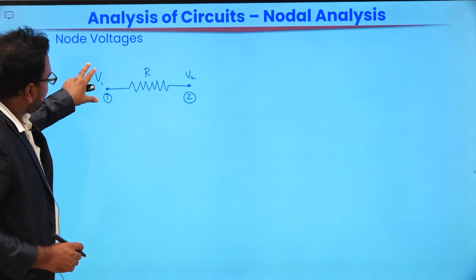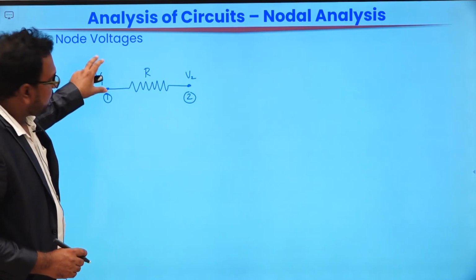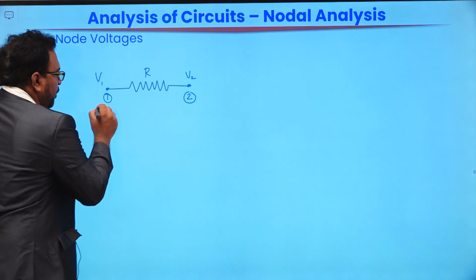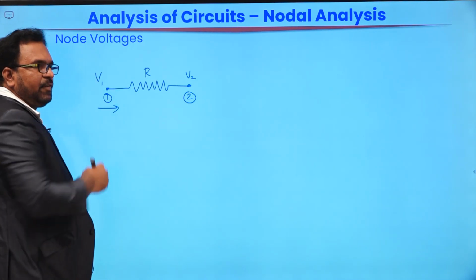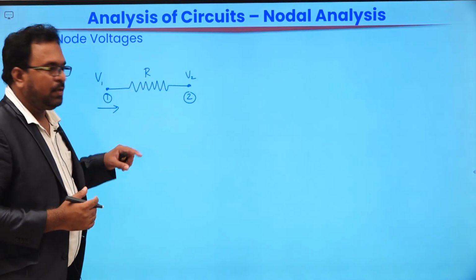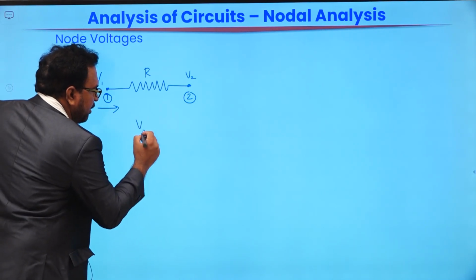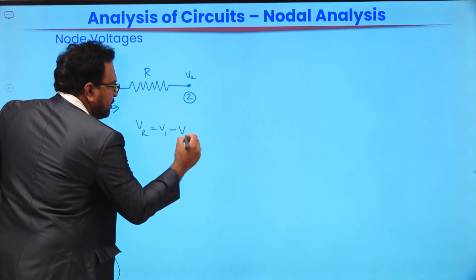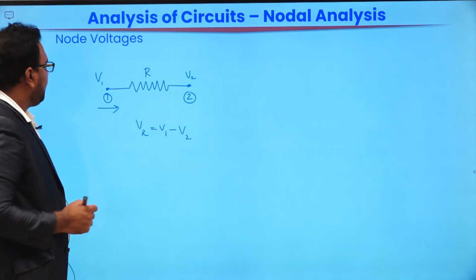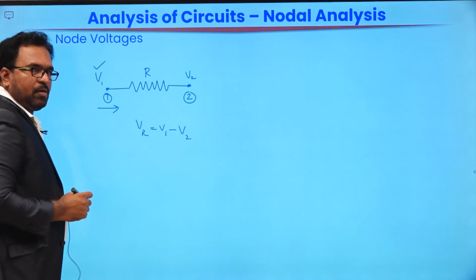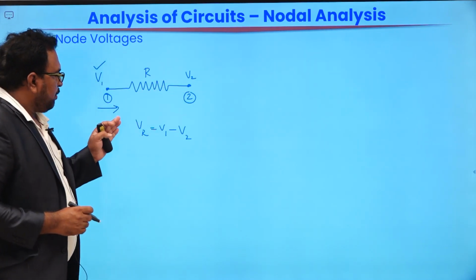When you observe from node 1, the node voltage V1 is dominant over V2. Then what is the resultant voltage VR? V1 minus V2.